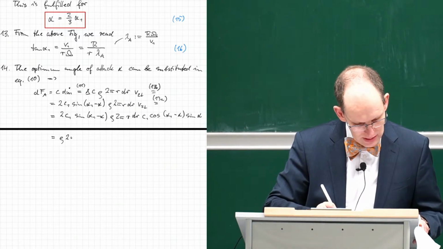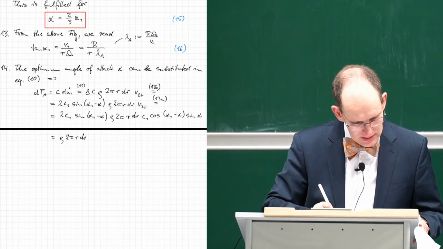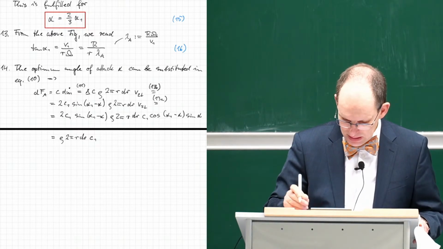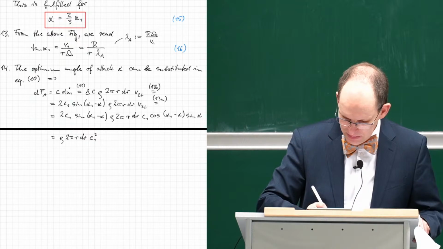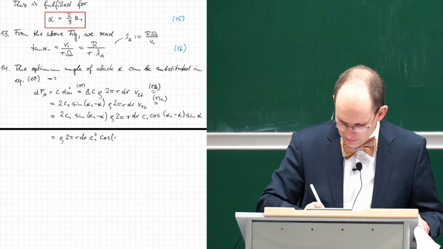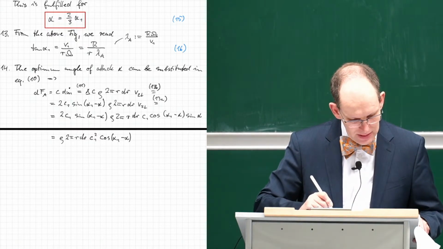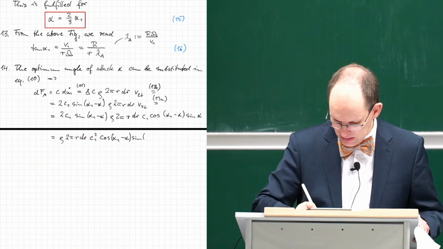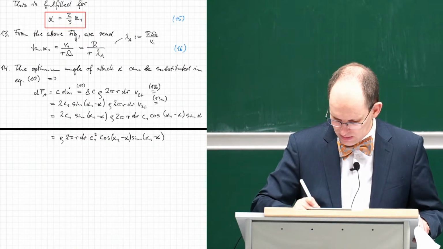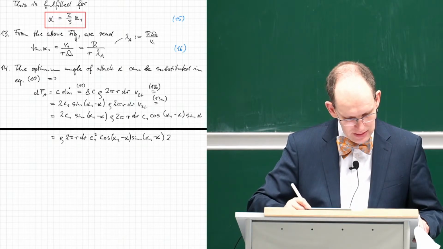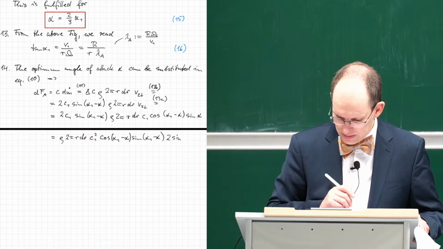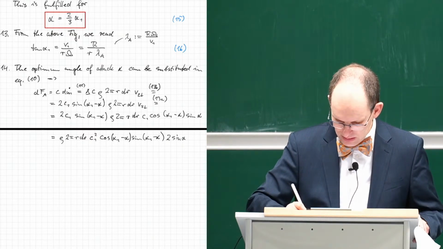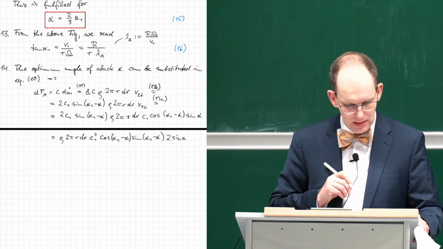So we have rho times 2 pi r times dr, C1 squared, so you see this factor twice. And then we have the cosine of alpha 1 minus alpha times the sine of alpha 1 minus alpha. So you see a trigonometric identity will help there. And in addition, we have 2 times the sine of alpha.